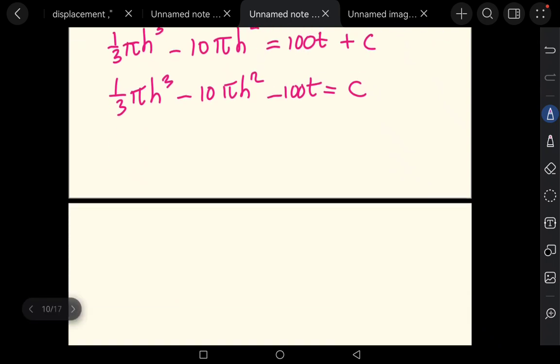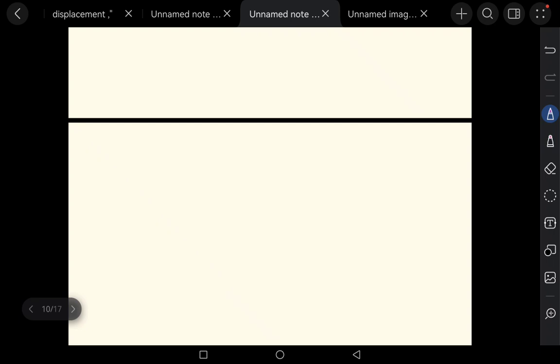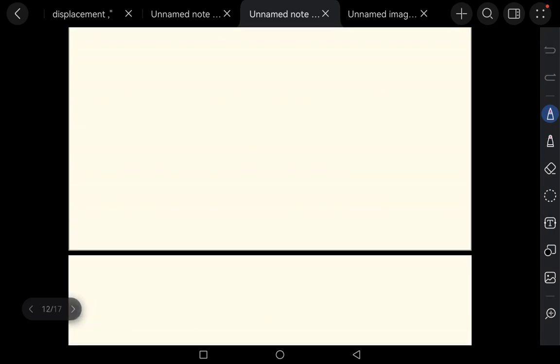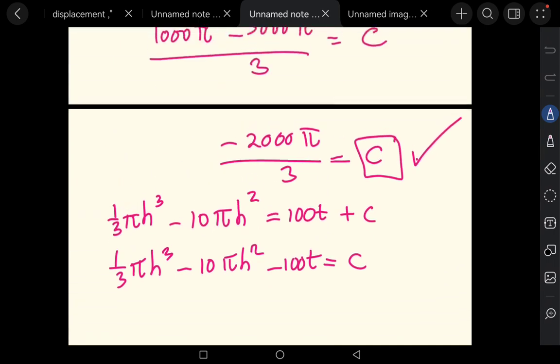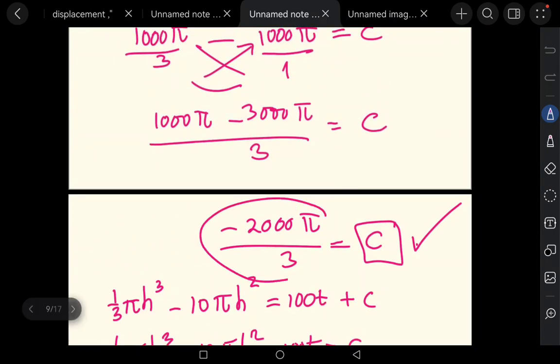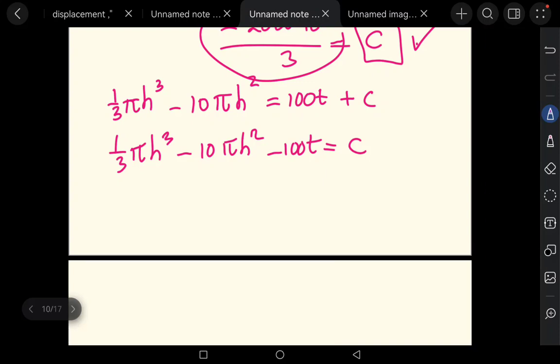Okay, so now insert the c. The c is negative 2000 pi over 3. So now we have, if we arrange this number, because we need to find the time, let's move this to separate the t.